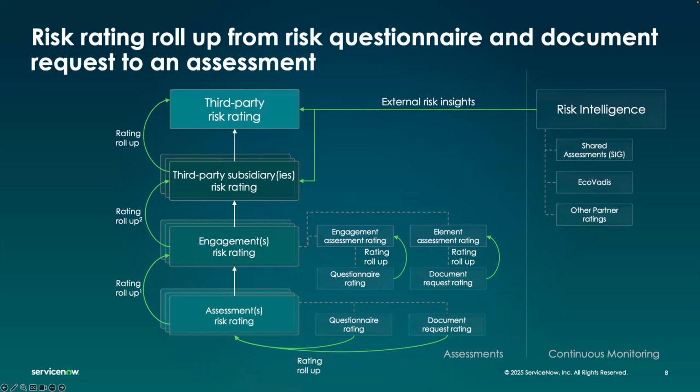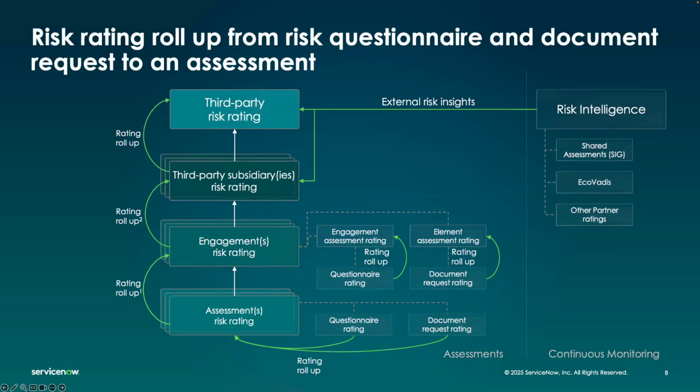Now, while this hierarchy between third party subsidiaries, engagements, and assessments is key, it's just the beginning. The granularity of risk ratings runs deeper, and what we have seen so far is only the tip of the iceberg. Let's unpack that further.